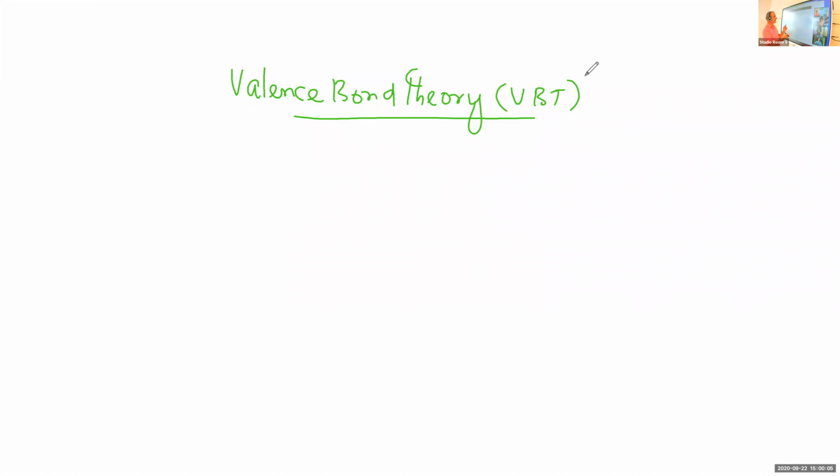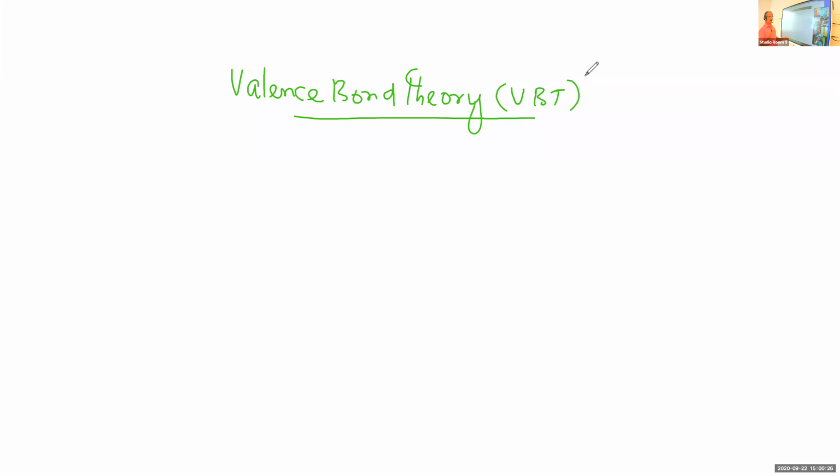Now we try to explain the formation of a covalent bond in the view of valence bond theory, VBT. It's a very simple thing. Not a simple thing, but for us, we can minimize it. We can study it in a simple way.